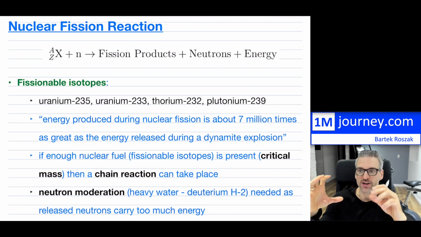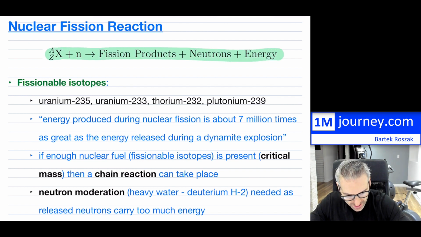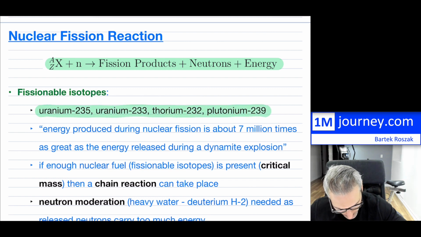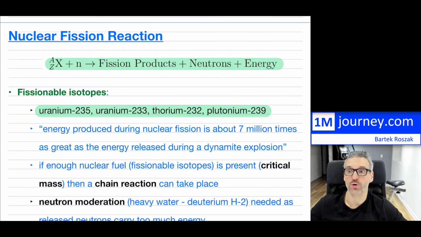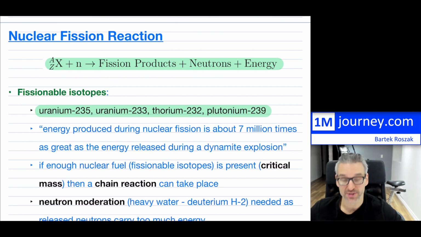As you can see here, in the general equation for nuclear fission, here are some examples of reactants: uranium, both 235 and 233, thorium and plutonium. Those can kickstart this process because they're fissionable isotopes that can take in and be broken down into products.